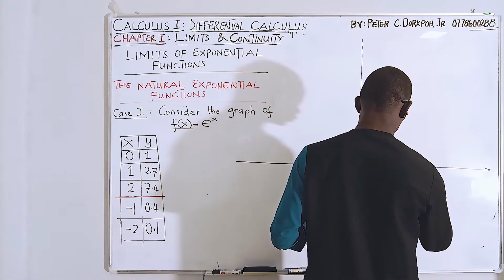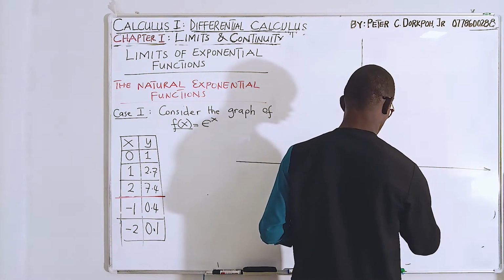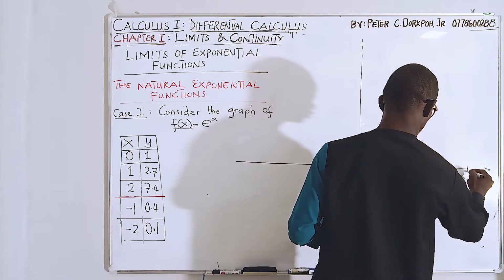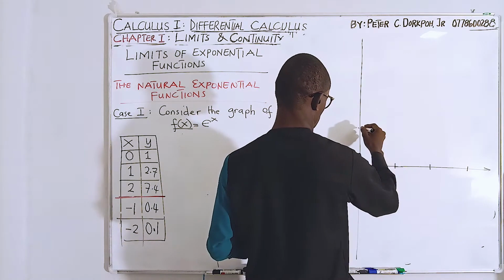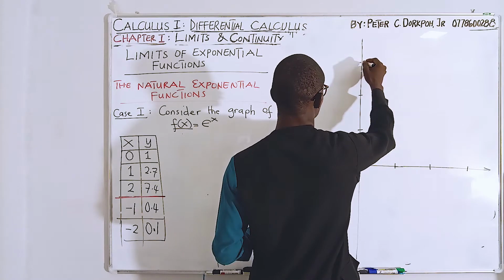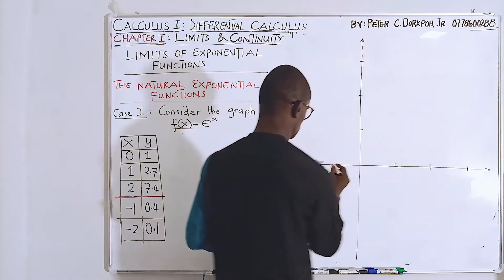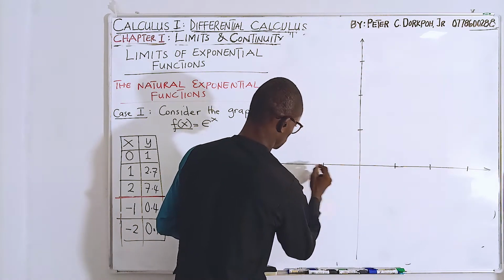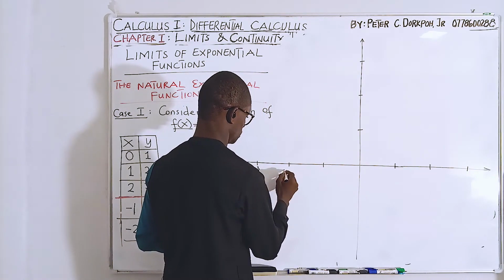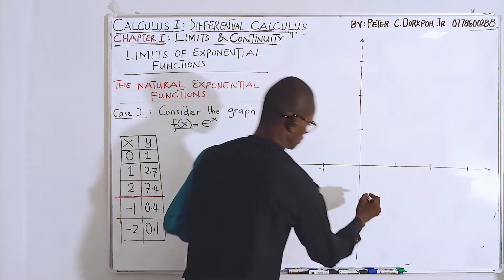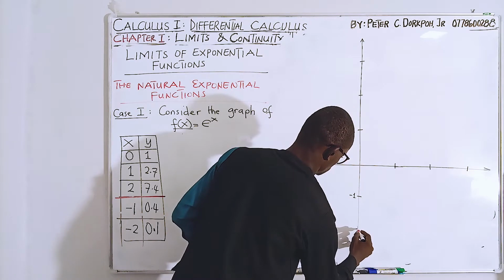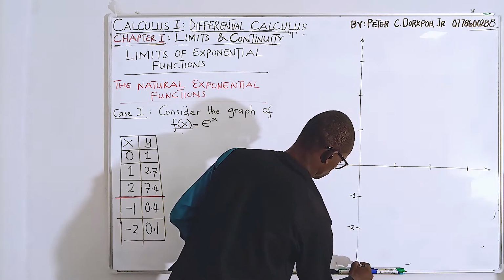So we got this 1, 2, 3. Got this 1, 2, 3.